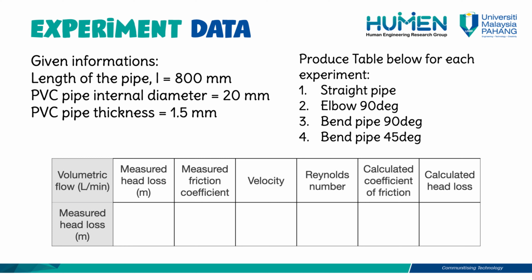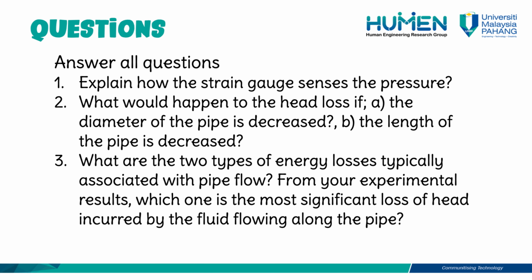So that means you have 4 data collections, and then you have to calculate all of that, and compare the calculated head loss and the measured head loss in your analysis.